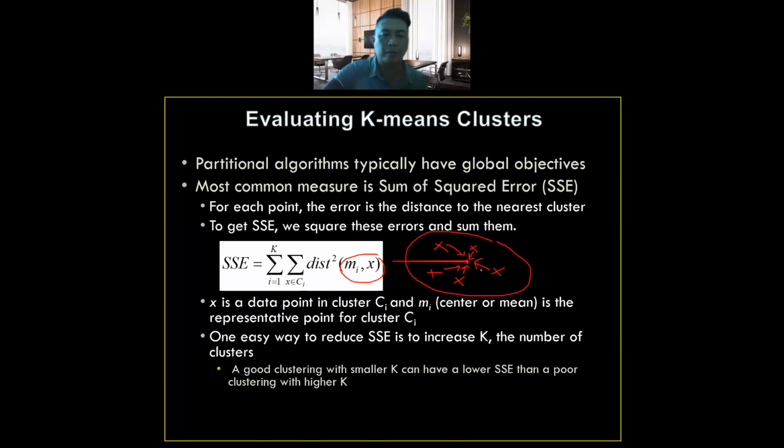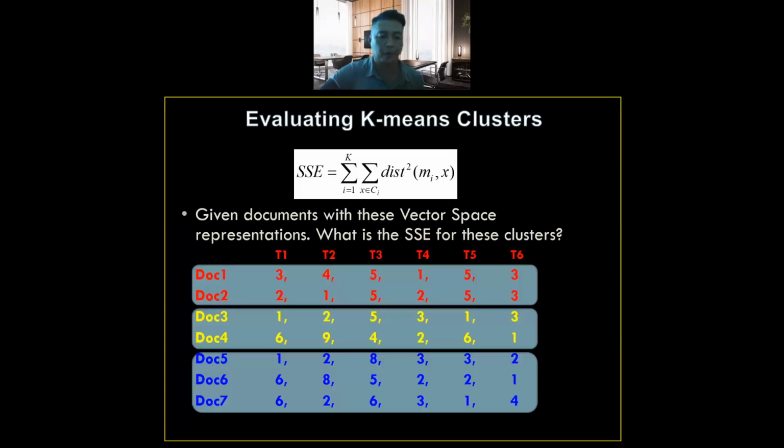So how do we perform that? For example, let's suppose we have these three clusters. How do we compute the sum of square error? First we have to look at the center for this, the center for this, and the center for this. How do we find that?